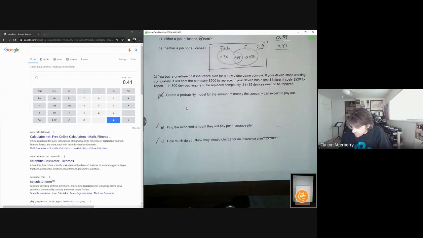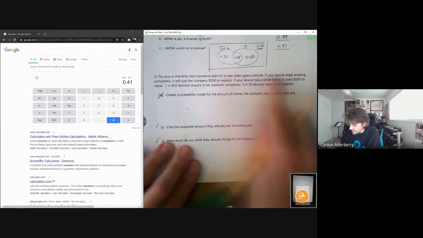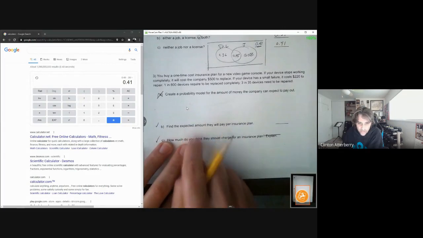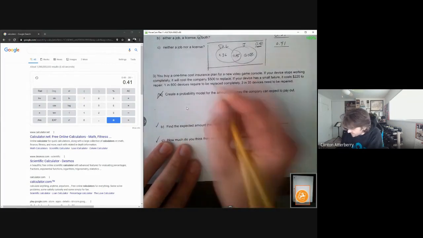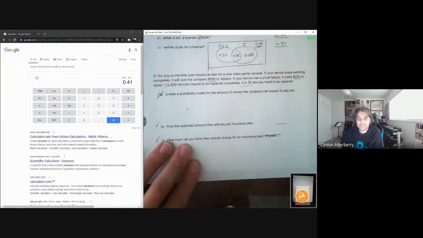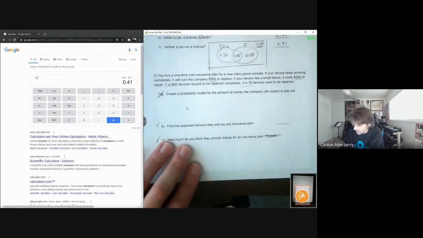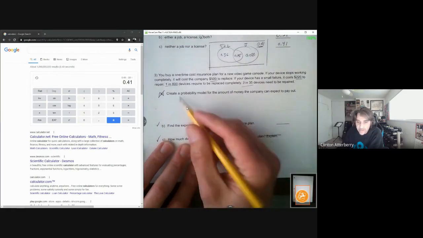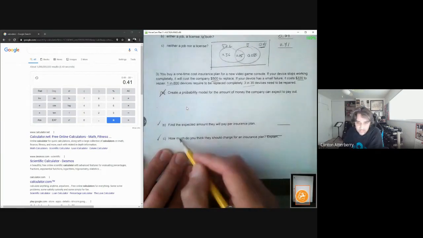Just know you're going to get some numbers. Those numbers are going to help you to find this answer here. When you go to this question, these numbers are probably going to change. Therefore, you have to use this whole model to work out your values for this question here.